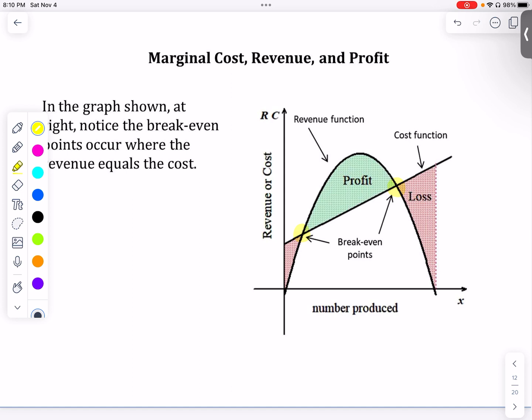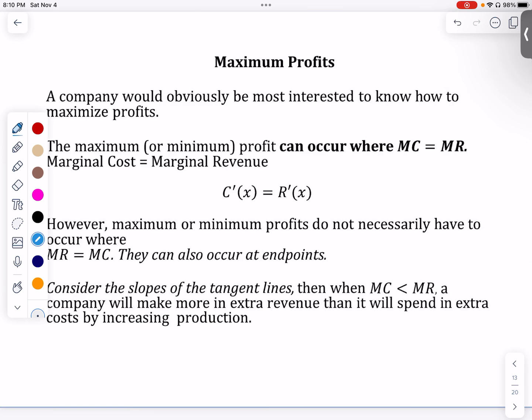You don't just want to break even, you want to make the most possible money. So this occurs where marginal cost equals marginal revenue, or in other words, where C prime of x equals R prime of x. But you could also maximize or minimize profits at the endpoints, right? Might want to think through the logic behind that.